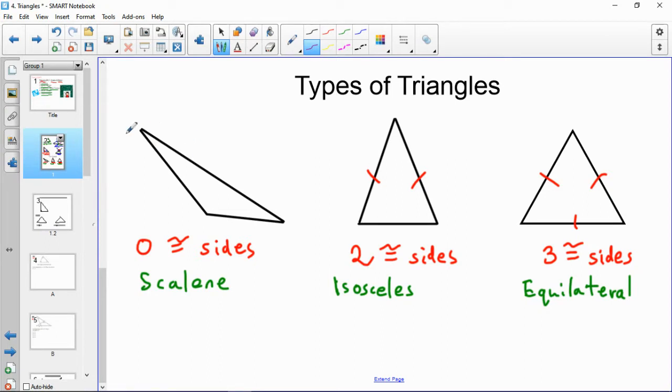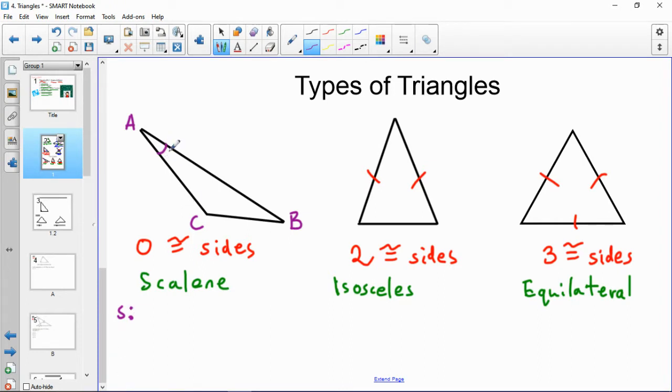But now I'm going to show you a couple implications that come with knowing these things. So in a scalene triangle, what I'm about to show you is true for all triangles, but I think it's the easiest to demonstrate with the scalene, which is that when you have any polygon, the smallest angle in the triangle always corresponds to the smallest side.